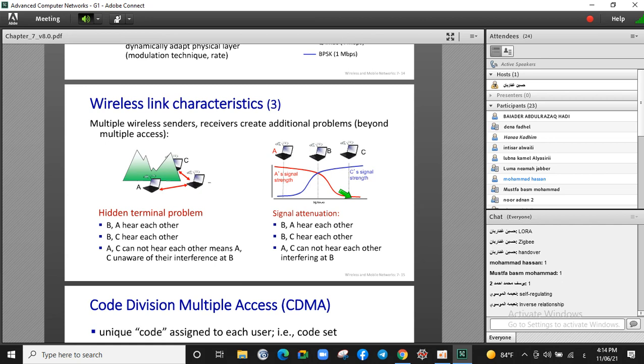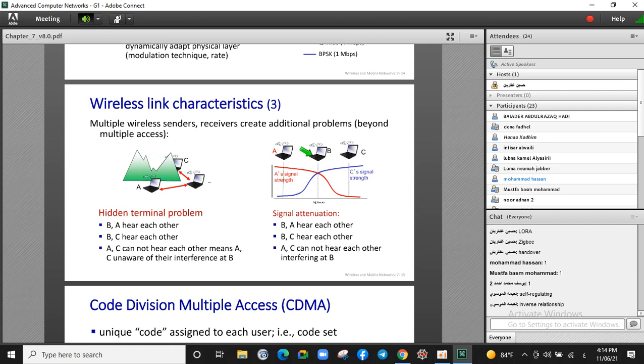So it's similar to the past scenario. In the first scenario, I said that A and C are close, but there is an obstacle between them, so A and C cannot see each other.